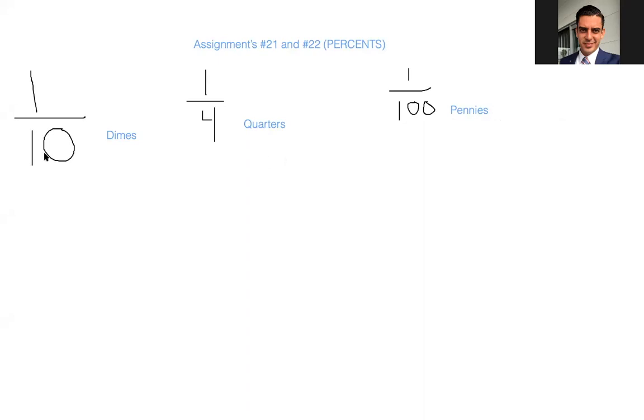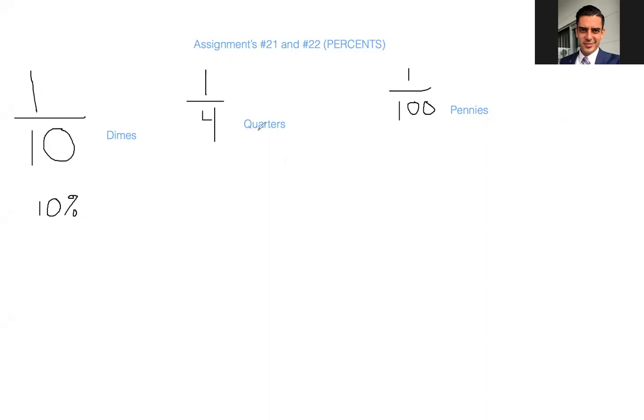Because if you have 1 dime, how many cents is that? That would be 10 cents, right? So if you have 10 cents, it is the same thing as saying 10%. Let me do this first and then I'll talk about decimals. So that would be 10%.